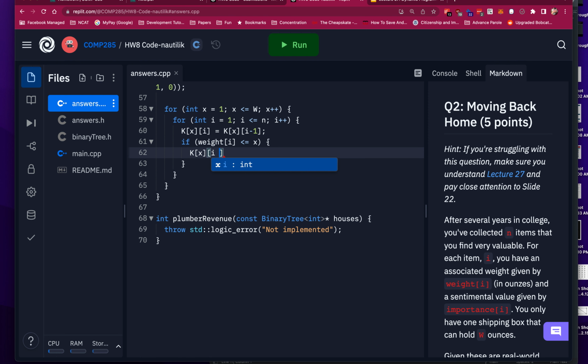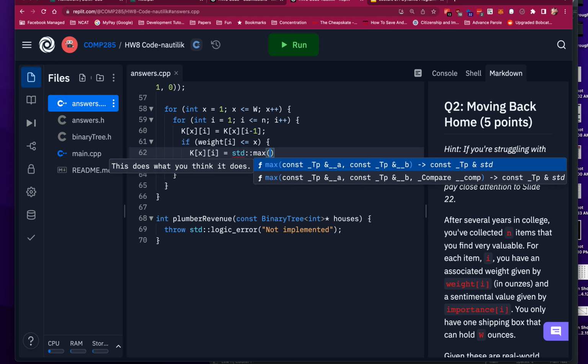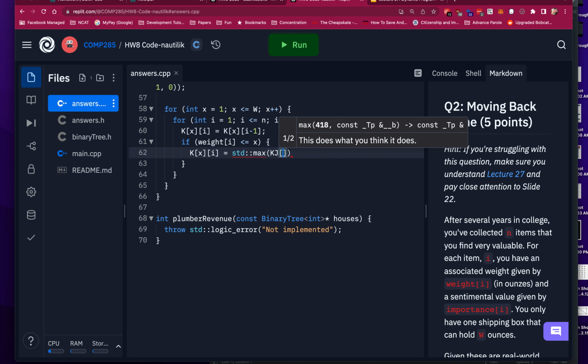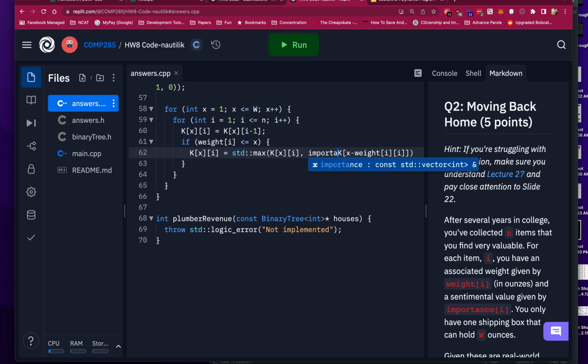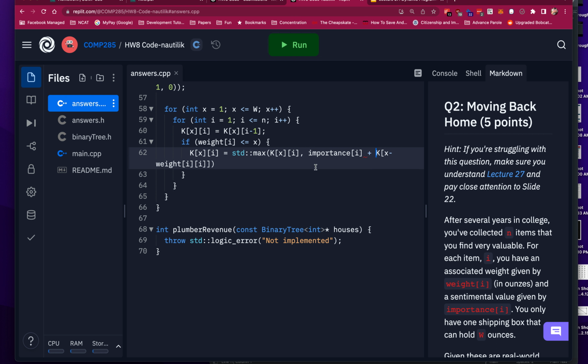So k[x][i] is the maximum of k[x][i], or k[x minus weight i] because I took it, plus the value of i, so the importance of i. So you add the importance because you took it, plus how much can I possibly fit into a now smaller backpack by weight i value, right?